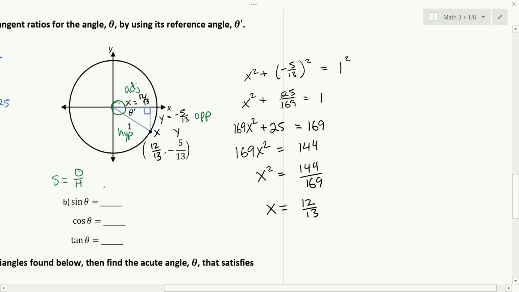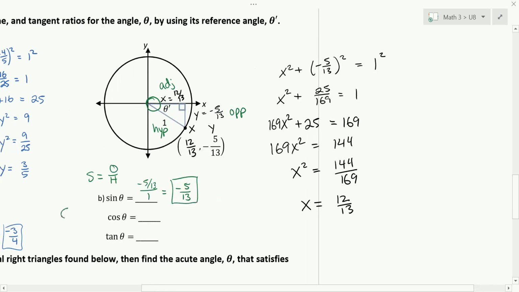That's going to be negative 5 over 13 divided by 1, or just negative 5 over 13. The cosine is your adjacent side over the hypotenuse. Our adjacent is 12 over 13. Hypotenuse is 1, so we just end up with 12 over 13.